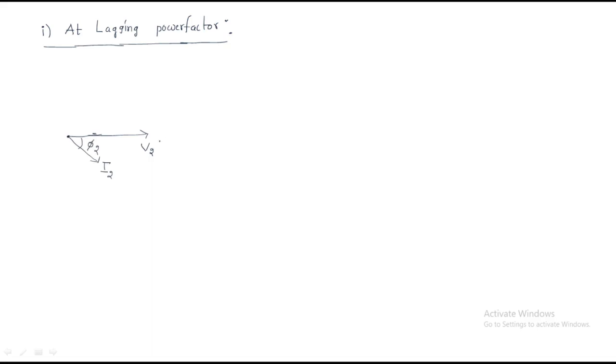Okay, and we have some drops. From the drops, one drop is I2R2. This drop is simply I2R2. Why is it I2R2? It is parallel to the I2. And we have another drop, the drop I2X2, like this.